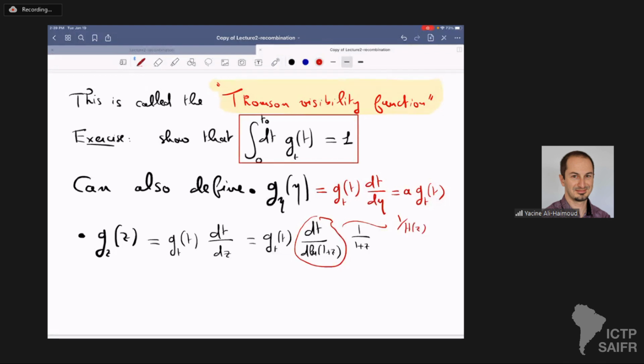So all in all, we get that this visibility function in redshift space, i.e. the probability of last scattering in a redshift interval z to z plus dz, is 1 over this conversion factor from time to redshift interval, times the number density of free electrons, times the Thomson cross-section, times the exponential of minus the Thomson optical depth between redshift z and redshift 0, which is today.